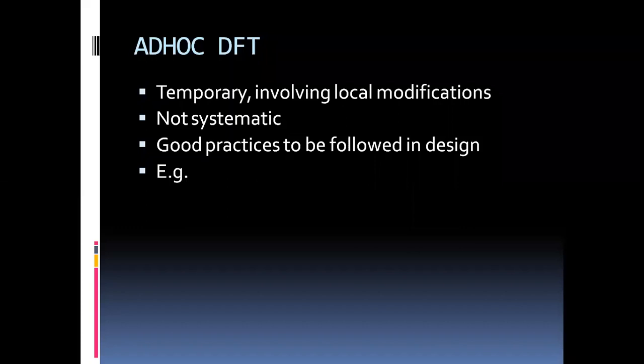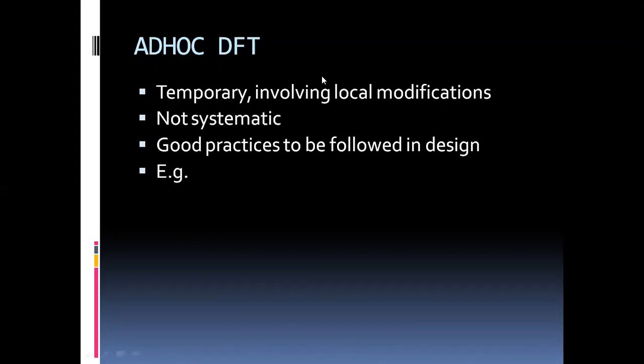So it is a local modification to a part of the circuit. It is not systematic or methodological. It is only based on experience, where I can say the good practices to be followed for a design to be testable are these.